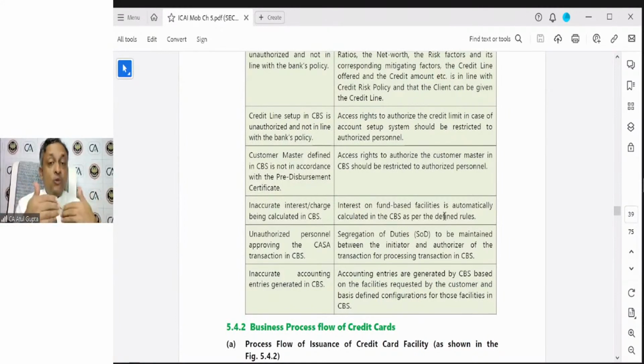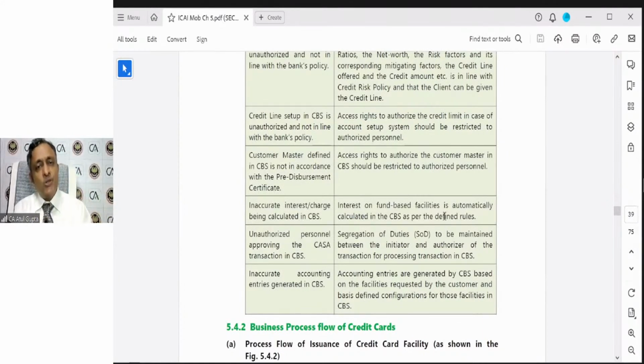In fact, looking at advertisements by a lot of private, cooperative and some public sector banks, the general rate of interest on a saving bank account is say 2.5 or 3%. But a private bank advertised some time back that if you maintain a minimum balance of 1 lakh rupees, they give you interest of 6%. So saving bank accounts are also now subject to multiple rates of interest, and that error can be there.